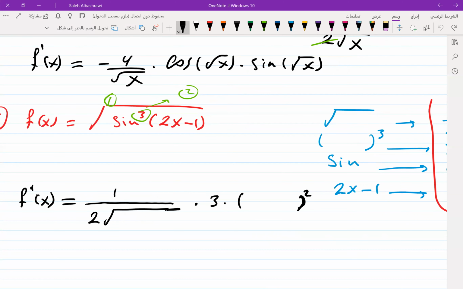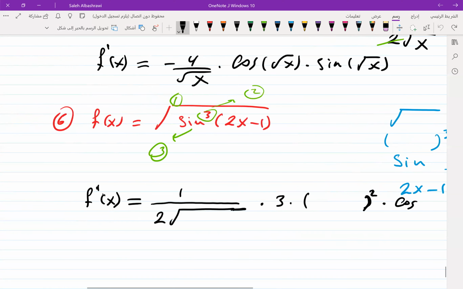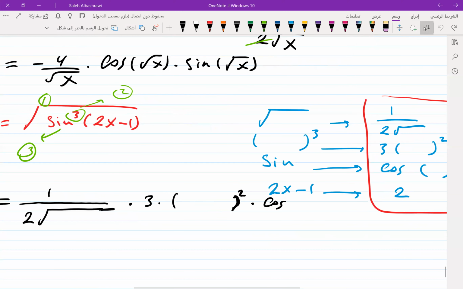Then third one is sine. This is my third function. The derivative of sine is equal to cosine. Cosine of something multiplied by derivative of the fourth function. This is number 4. That will be multiplied by 2. So this is the general form of the derivative.